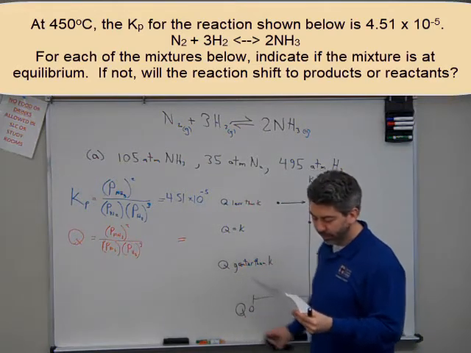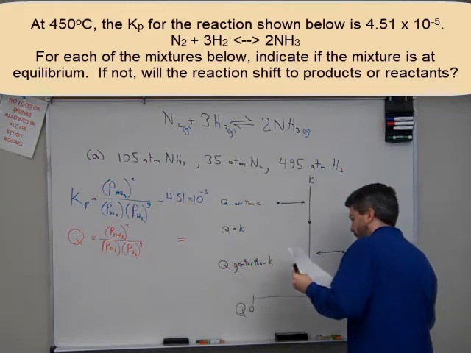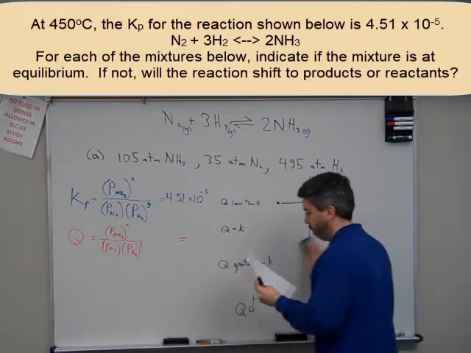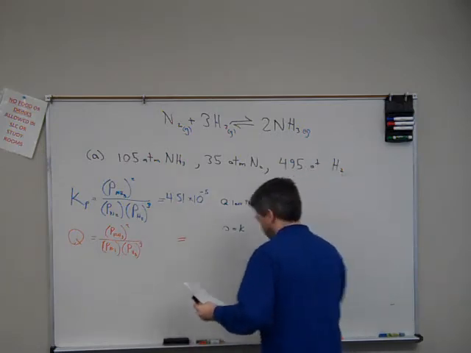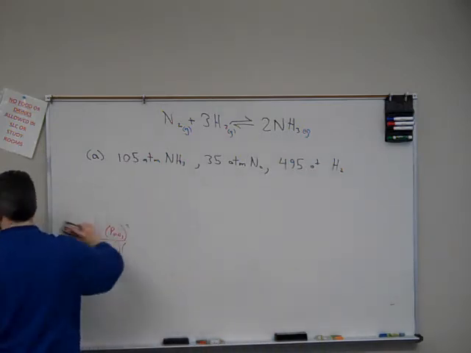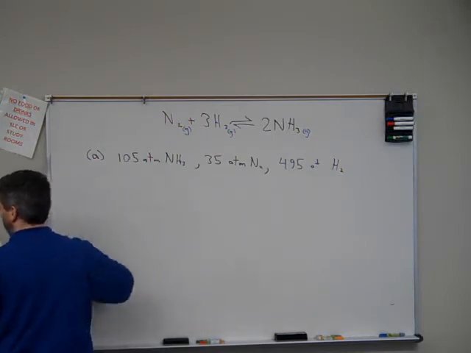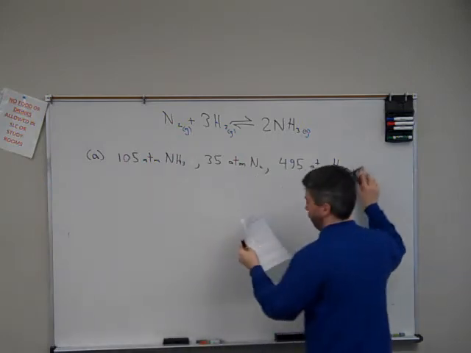It says, for number 5, for the equilibrium below, Br2 and Cl2 react to form 2 BrCl, all in the gas phase. At 400 Kelvin, Kc is 7.0.